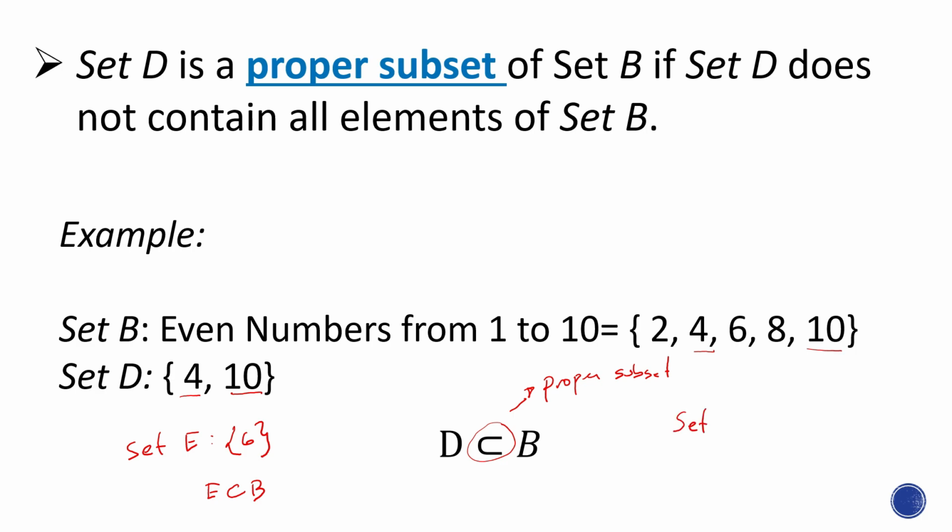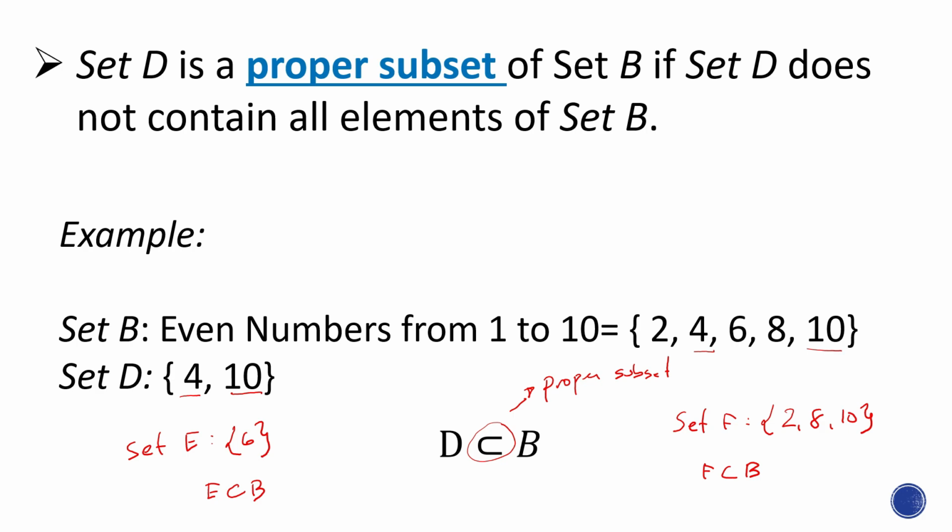So let's say set F, and it has the elements, let's say, 2, 8, and 10. All right. And again, these are not all the elements of set B, but they are also elements of set B. So we can consider F as a proper subset of set B.